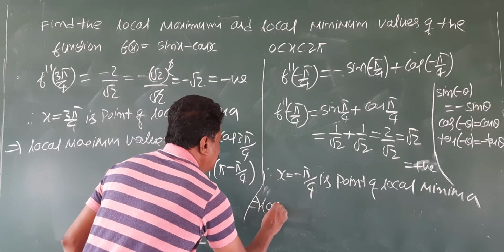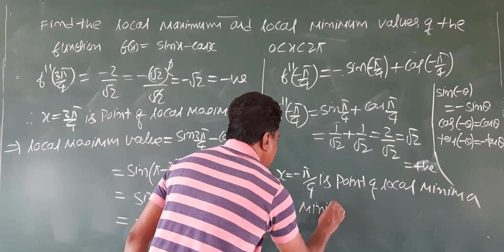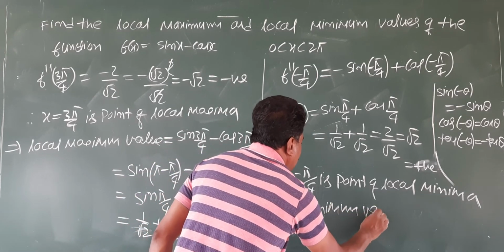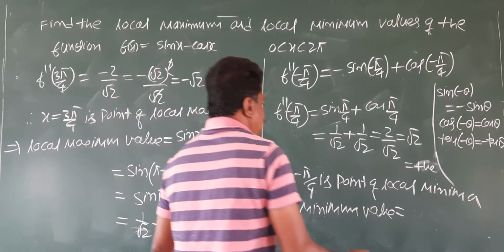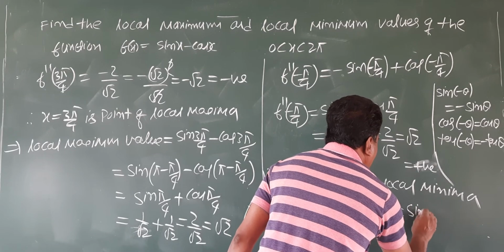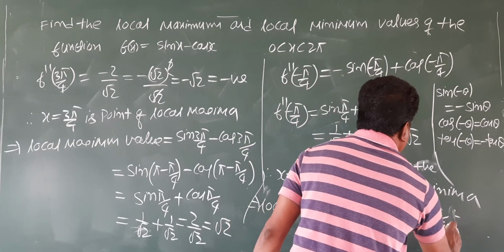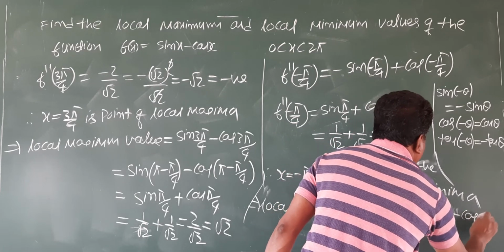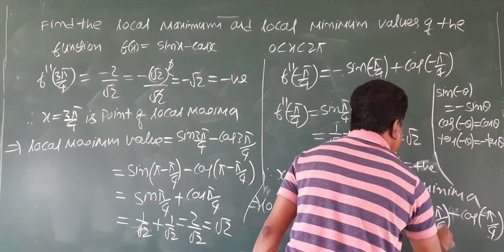Local minimum value is equal to, so write directly. So minus sin minus pi by 4 plus minus cos minus pi by 4.